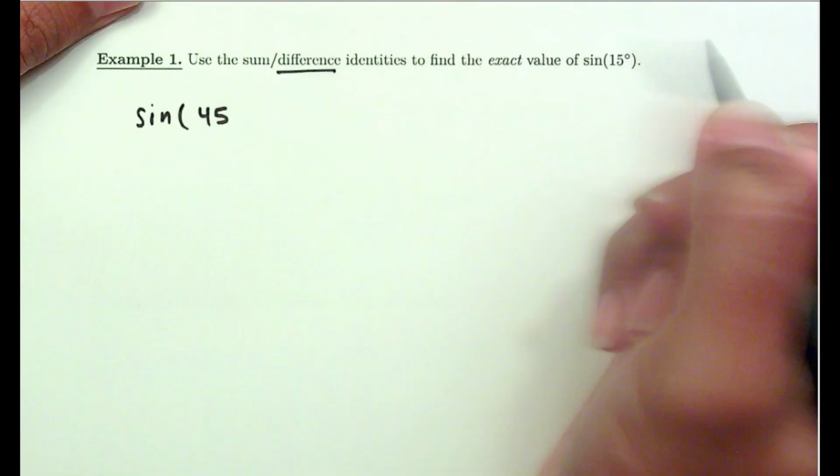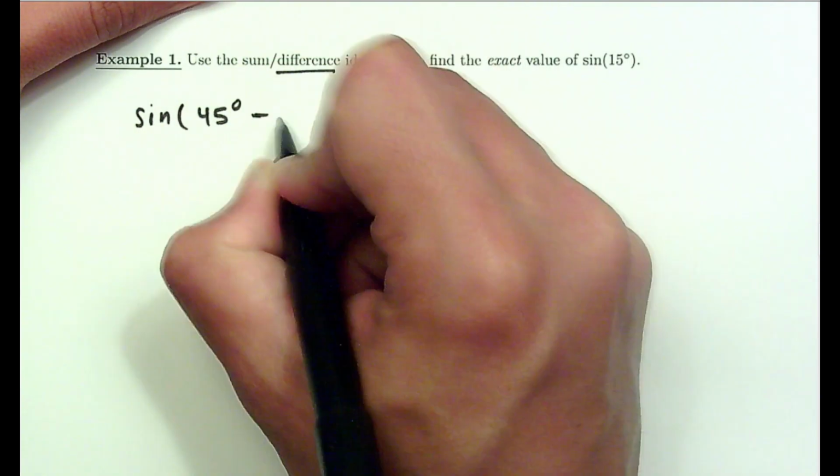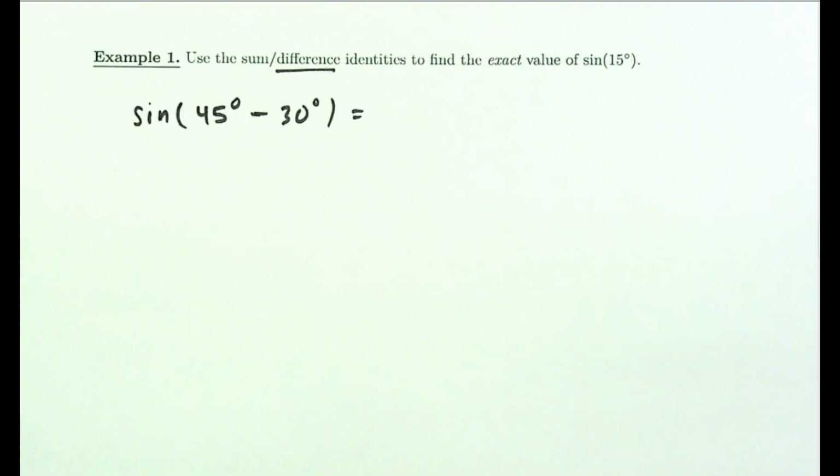So that's what you are required to notice here, that sine of 15 degrees is sine of 45 minus 30 degrees.